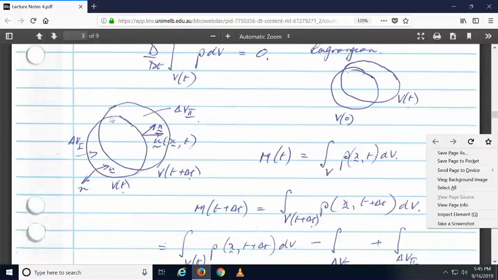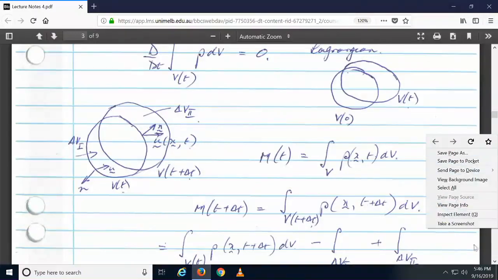We can work out the mass that we had at time t. The mass at time t is the integral over the volume at time t, rho of x and t dV. What about the mass at time t plus delta t? Well, that would be the integral over the volume at t plus delta t, which is this bigger volume here, rho at x and t plus delta t dV.